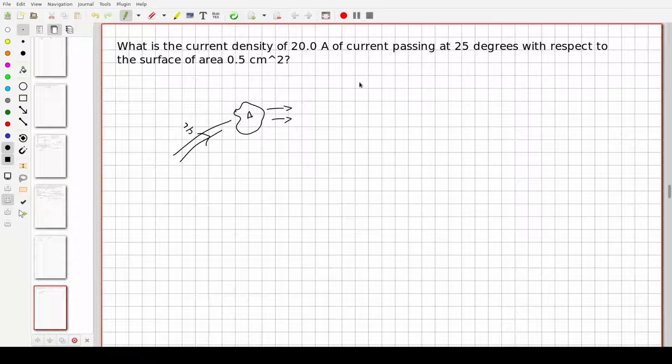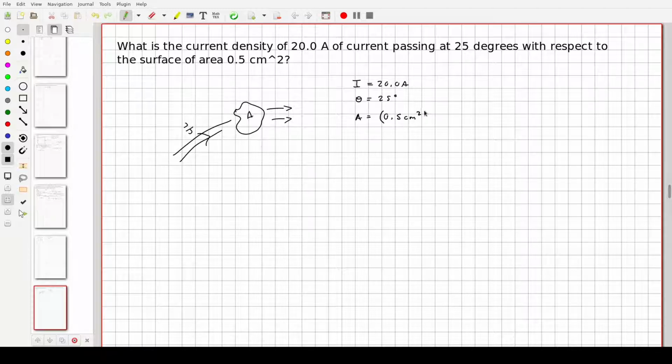Now here, I is 20.0 amps. We're going to assume this is constant. Our area is not changing, and as a consequence, our current density is constant. Now we have an angle here. It's 25 degrees. We have an area that is 0.5 square centimeters.